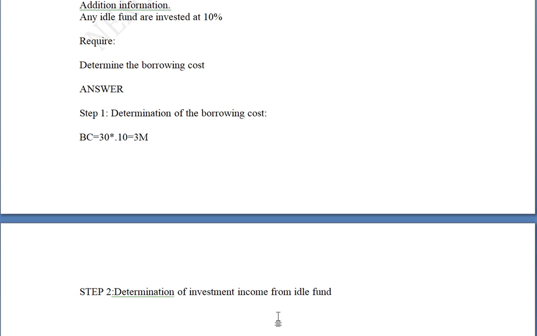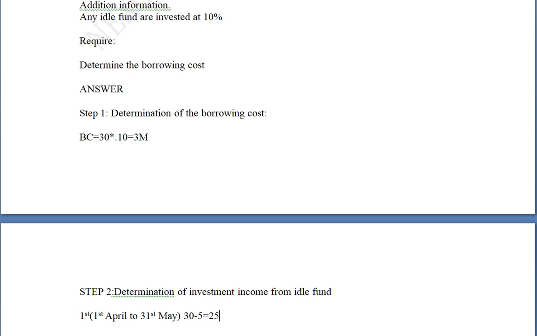Now the first one is the one for 1st of April to 31st of May. That will now be 30 million was the borrowing, minus 5 million was used in March. So the balance will now be how much? 25 million. We were told that they invest and their investment is returning 10%.